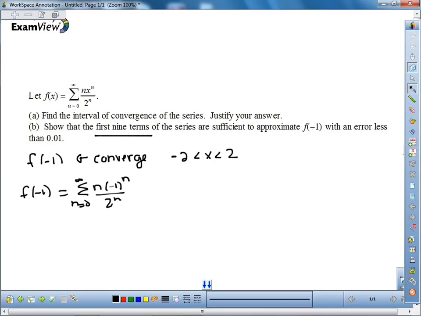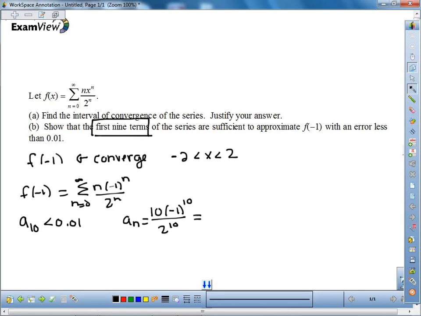What I want to do is find the error of the first 9 terms. That means I need to find the 10th term and show that the 10th term is less than 0.01. My 10th term is going to be 10 times negative 1 to the 10, over 2 to the 10th.